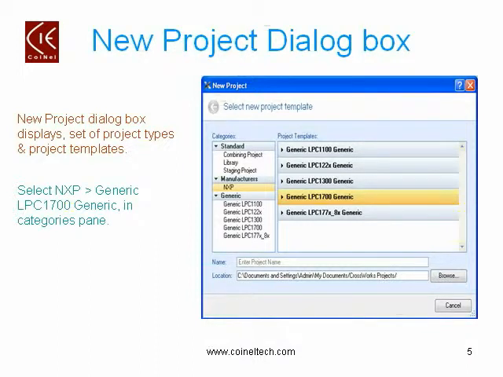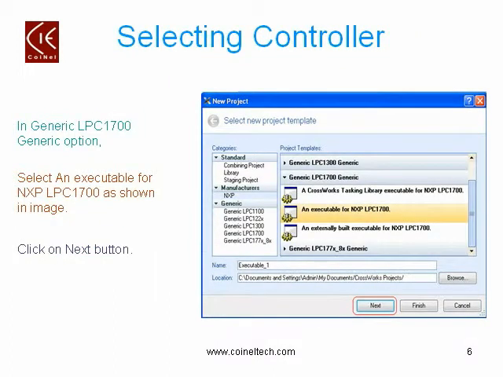When you select NXP, in the below generic we have some options. In the right side, select the generic LPC 1700 generic option. After selecting the option generic LPC 1700 generic, the next task is to select your controller.